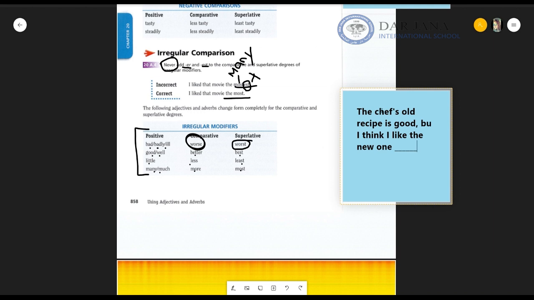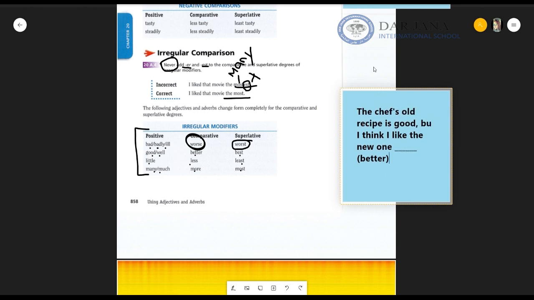So here I'm comparing the old recipe to the new recipe. So I'm comparing two things. So I'm going to use the comparative. So this is out of the way. And now I look at the sentence and I see good. So what's the comparative form of good, which is an irregular comparison? It's going to be better. Okay.